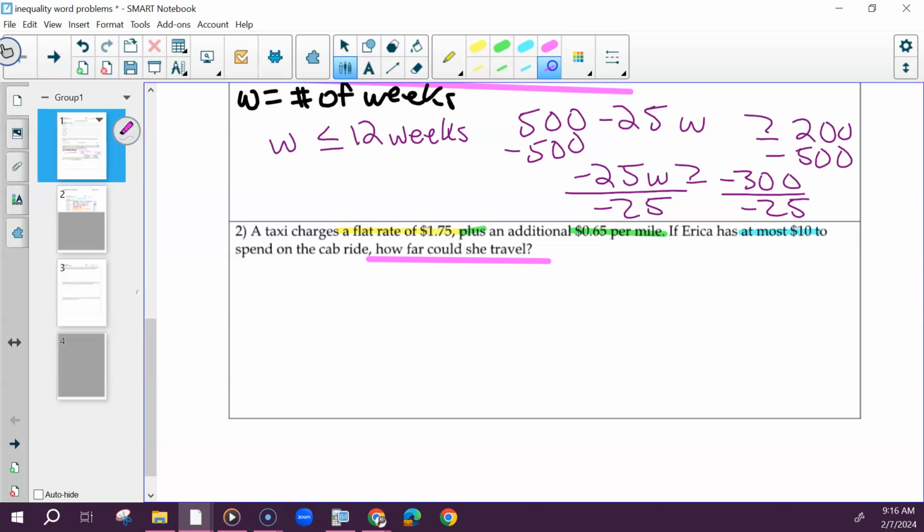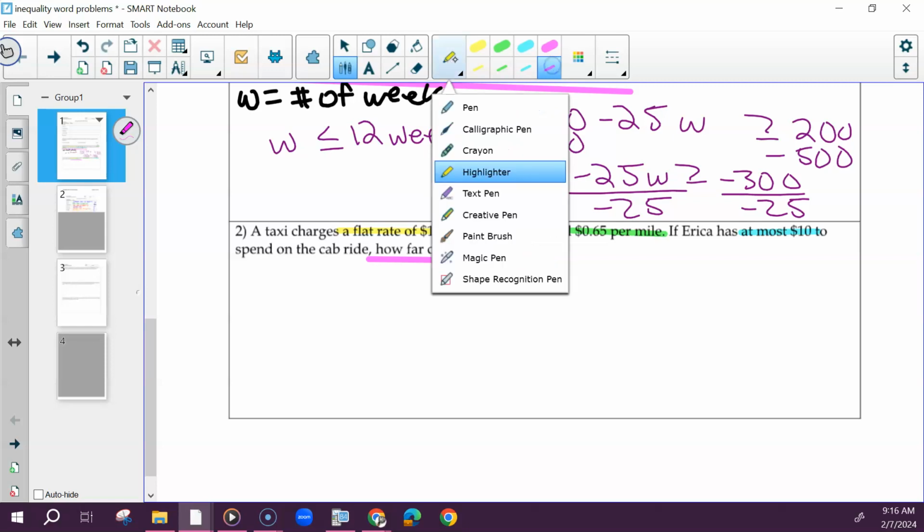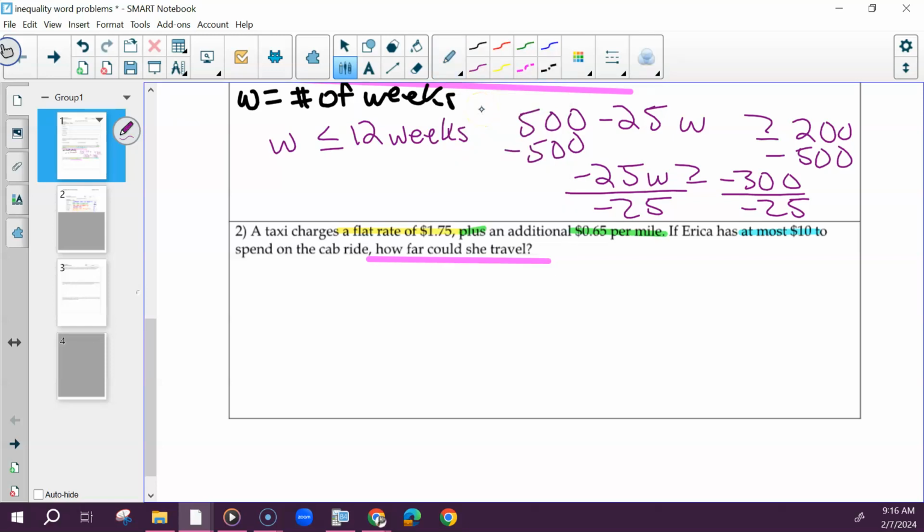So starting with our variable, if we're looking for how far could she travel, that's really distance. And this distance is being measured in miles. So we could call this M for number of miles. At most is which symbol?